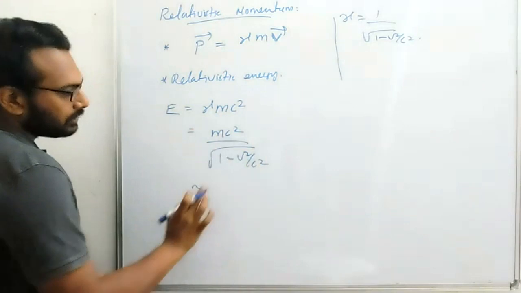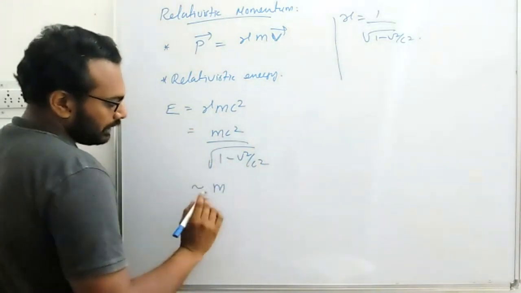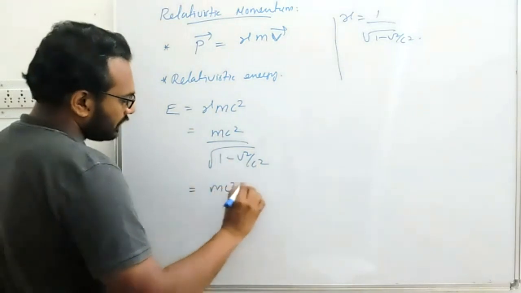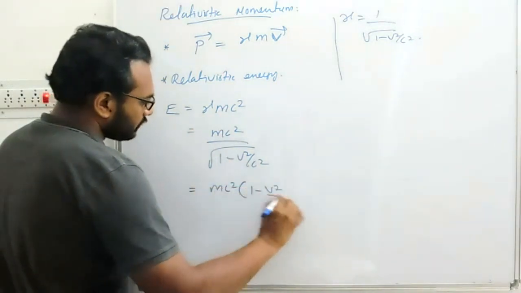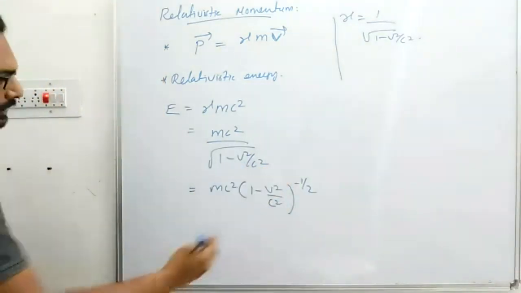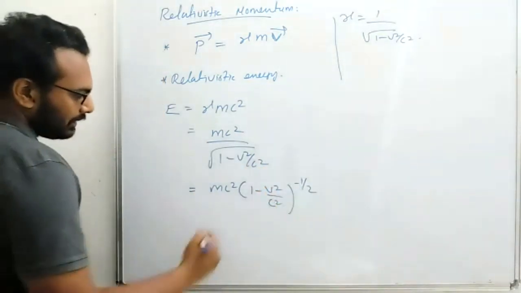Let's write one more step. This is equal to mc square times 1 minus v square by c square whole raised to minus 1 by 2. Now we can use the binomial expansion and take the first term.